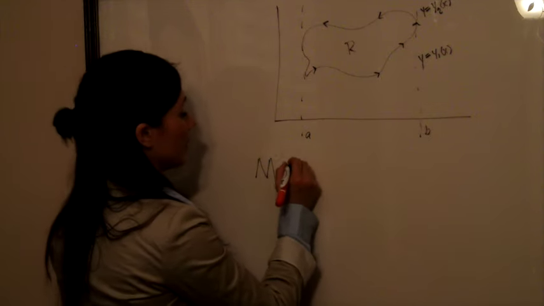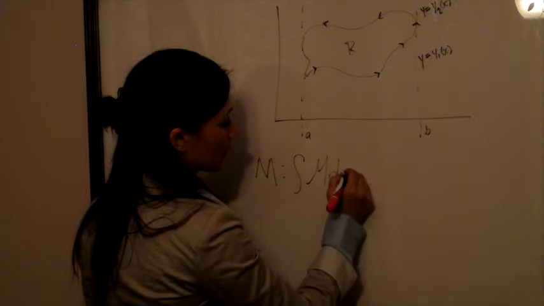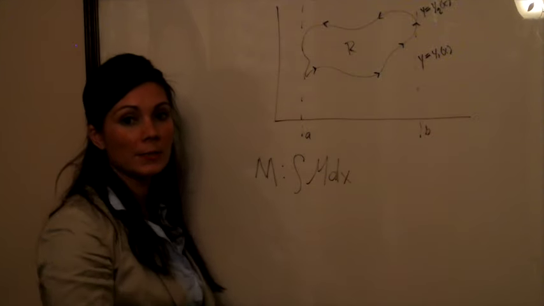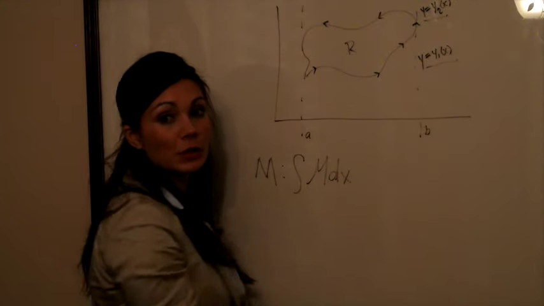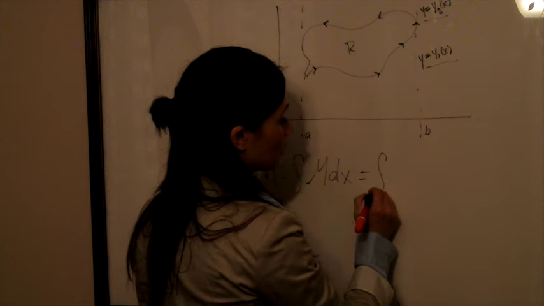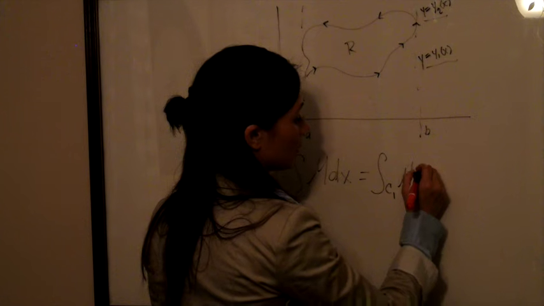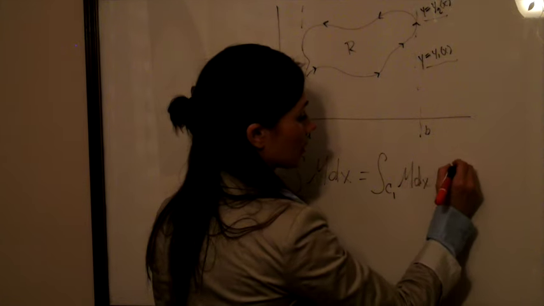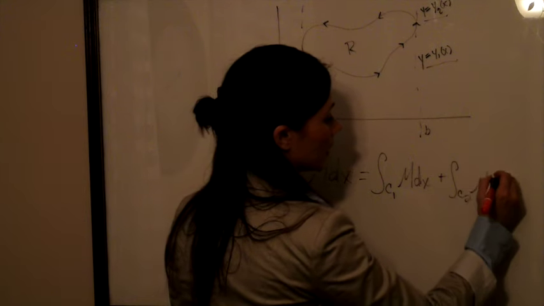For M we have the integral over C of M dx, which is going to be equal to part 1 and part 2 of M. So this will be equal to the integral over C1 of M dx plus the integral over C2 of M dx.